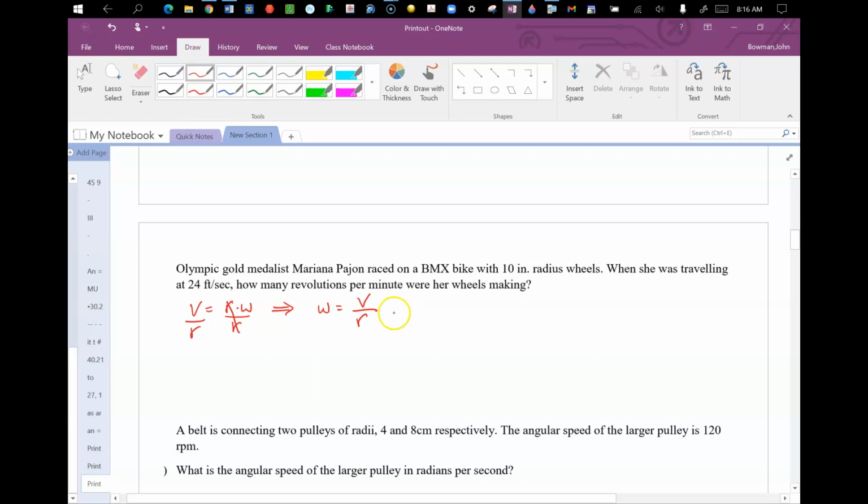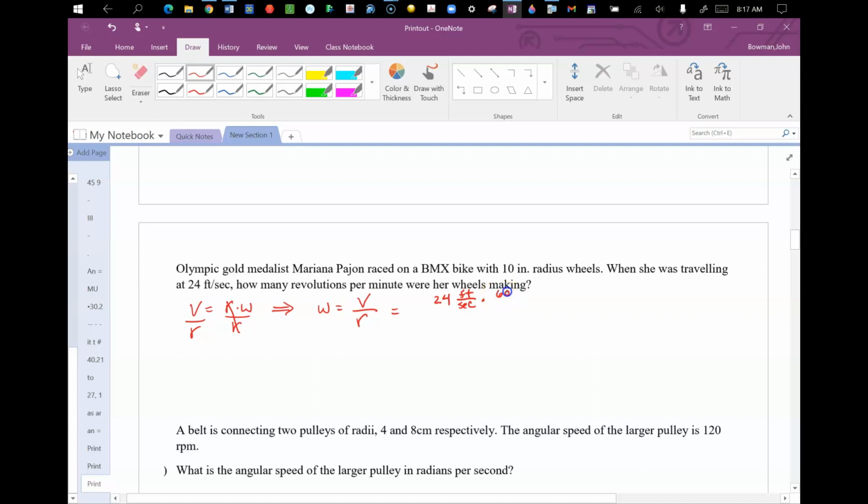So let's start out with her linear velocity, 24 feet per second. Okay, we want to get an answer in revolutions per minute. So the first thing I'm going to do in my numerator is I'm going to take care of getting rid of the units of seconds.